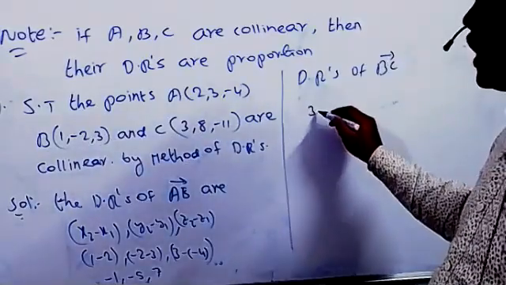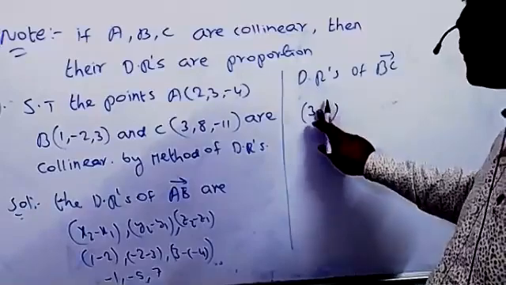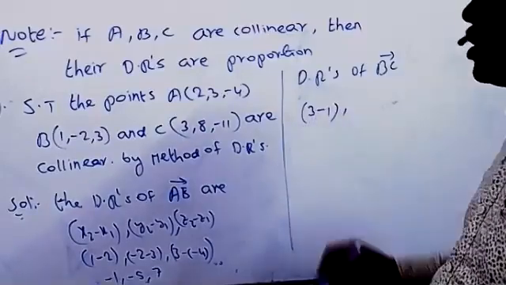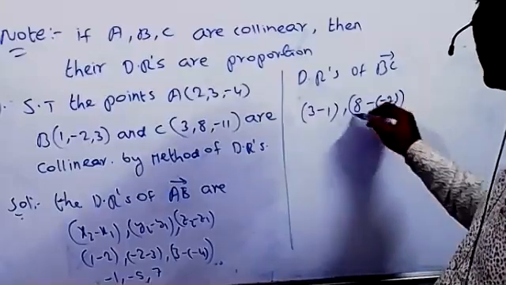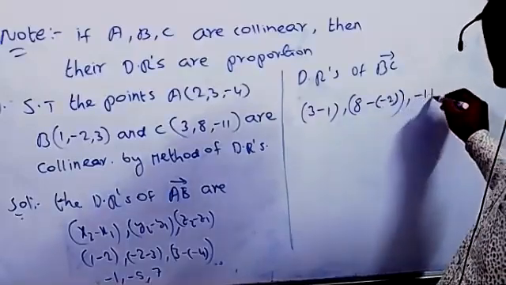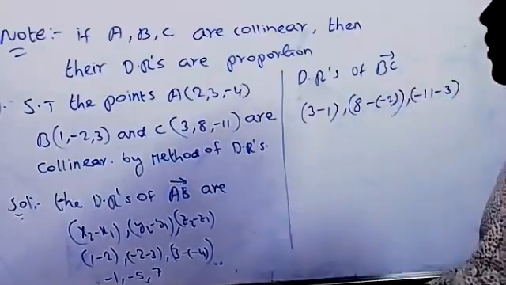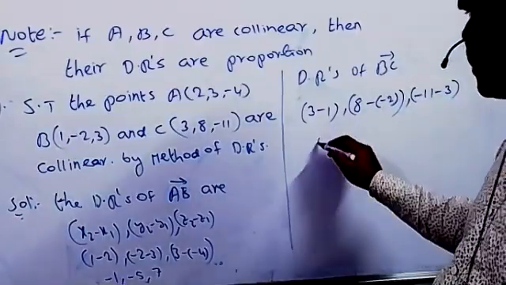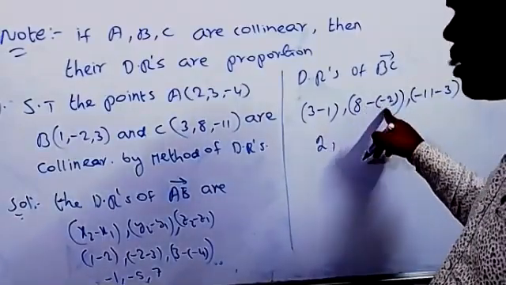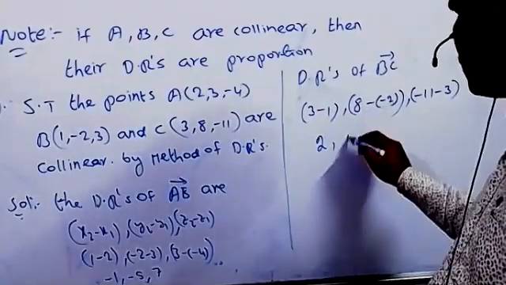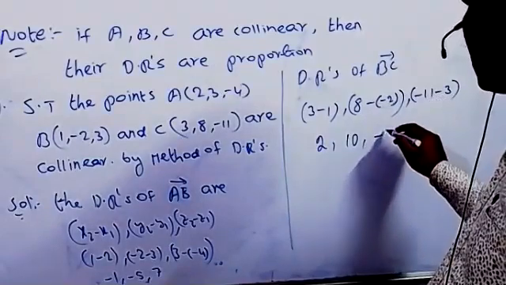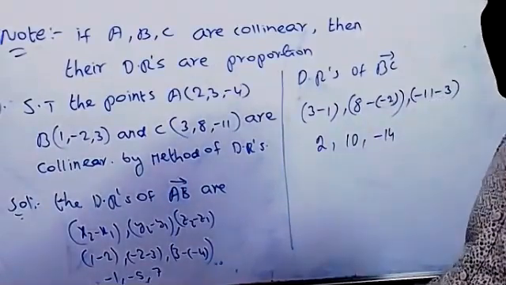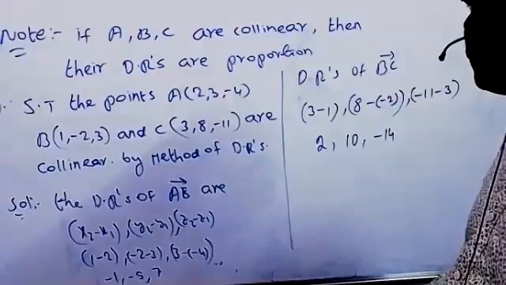So 3 minus 1 first, then 8 minus of minus 2, then minus 11 minus 3. 3 minus 1 equals 2, minus of minus 2 equals plus 2 so 8 plus 2 equals 10, and minus 11 minus 3 equals minus 14. The direction ratios of BC are 2, 10, minus 14.